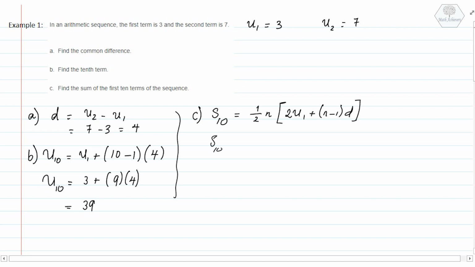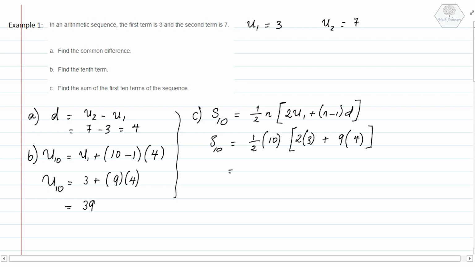So S of 10 is equal to half times 10, open bracket, 2 times 3, plus 9, which is 10 minus 1, times the common difference. The common difference, I have it as 4.